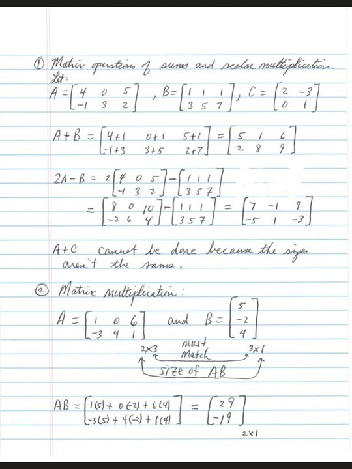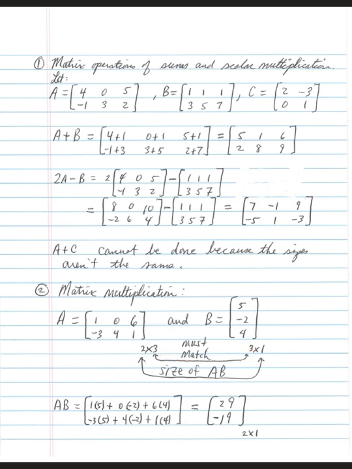Multiplication, they're not required to have the exact same size, but what they are required to have is that the columns of the first one must equal the rows of the second one. So if you write down your dimensions, like matrix A is a 2 by 3, matrix B is a 3 by 1, make sure your inside numbers match.